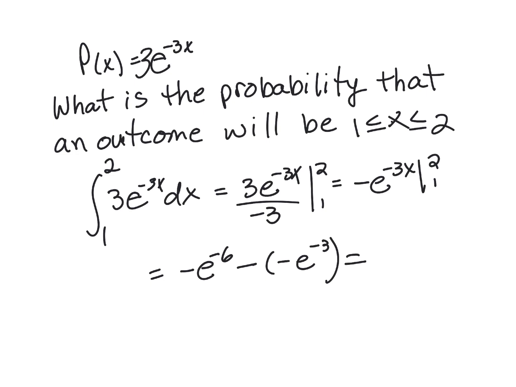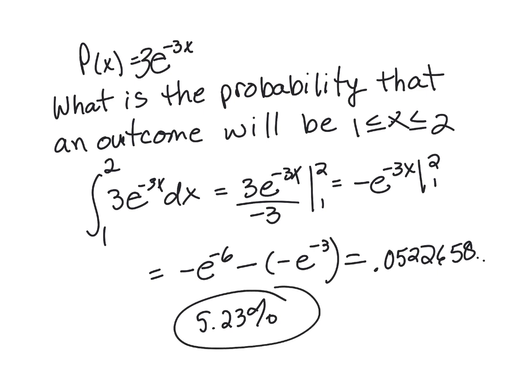And if you plug this in your calculator, you're just going to get a number, a nasty number that goes on forever and ever. So we're going to say that this is 5.23%.